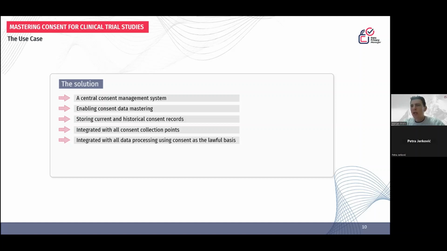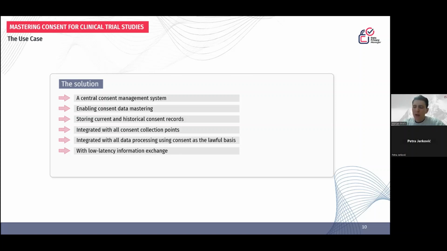But the bottom line is that you will need to have the definition of the processing activities and the lawful basis and purpose, why you are doing it, what will be the result. And at the same time, you need to think about the rights of the patients and how you are going to be compliant with the privacy regulation.